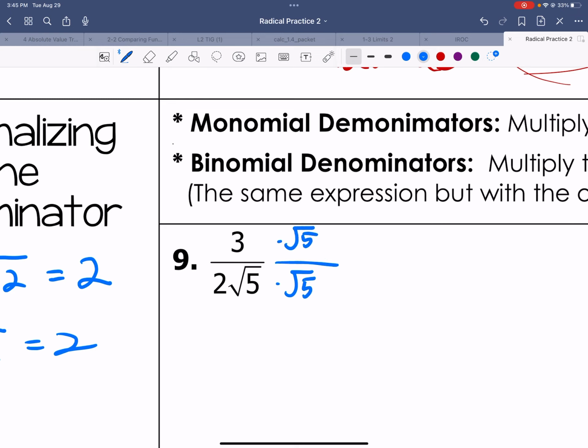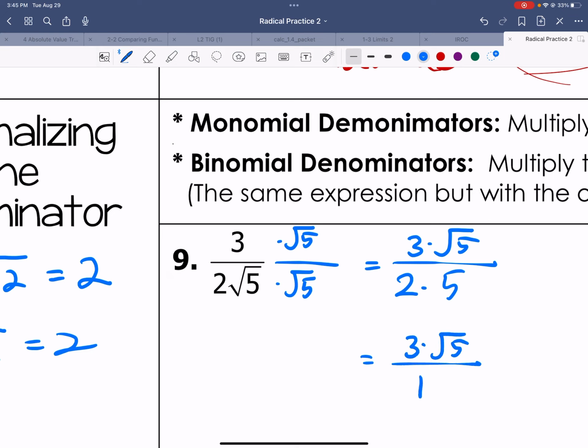In that case, it's the same thing as multiplying by 1. So you get on the top 3 times square root of 5, over 2 times square root of 5. Square root of 5 times square root of 5 will give you 5. There you go. So 3 times square root of 5 over 2 times 5, which is 10. So that's how you do it.